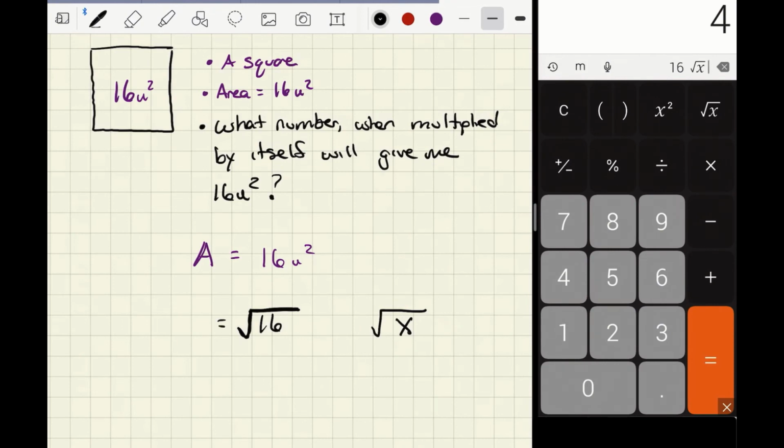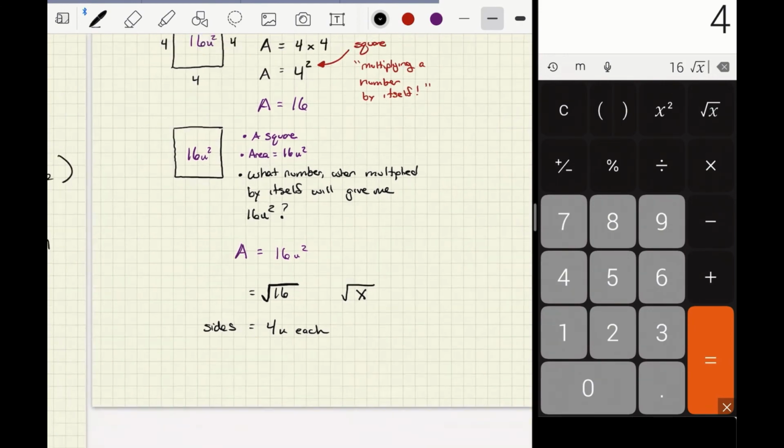What the calculator is doing there is finding the number that when multiplied by itself gives us 16. And the answer here is 4. So the sides of this square equal 4 units each.